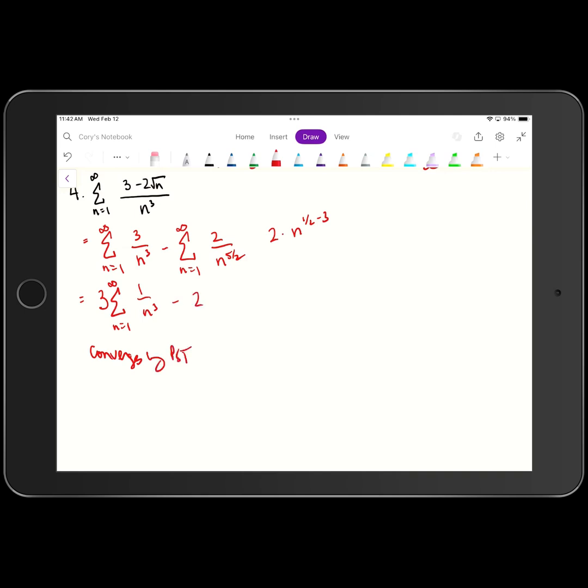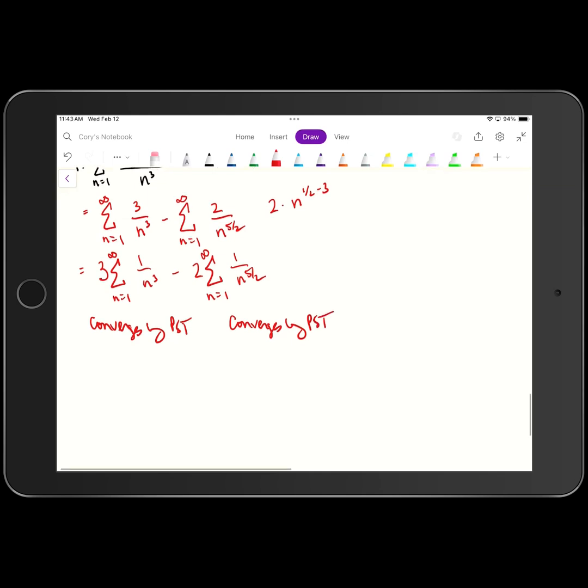Minus, I can pull 2 out front and rewrite that as the sum from 1 to infinity of 1 over n raised to the 5/2 power. That also converges by the p-series test. So if both of those series converge by the p-series test, the difference converges by the p-series test.